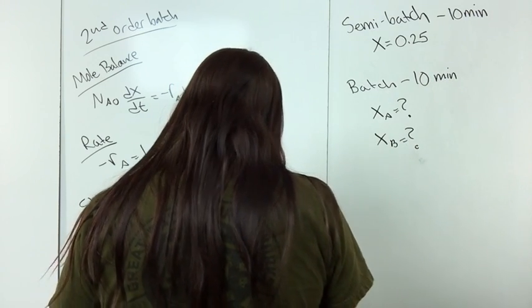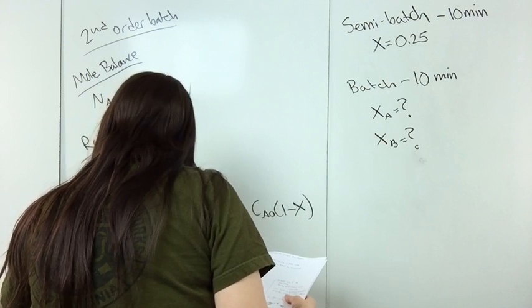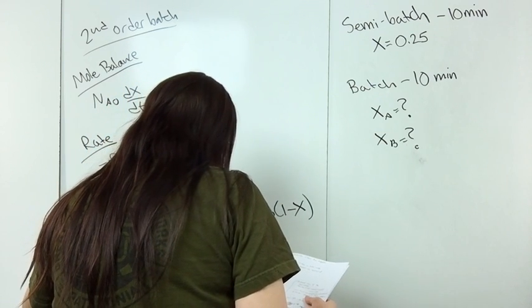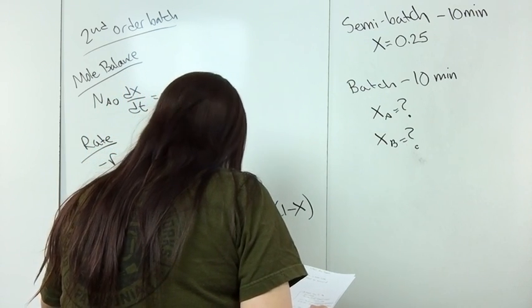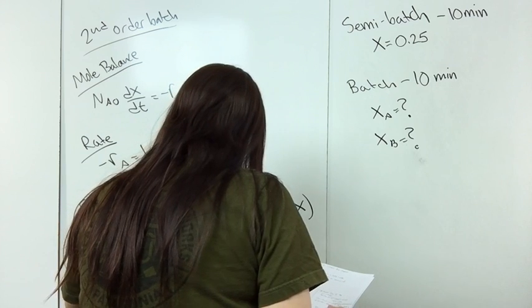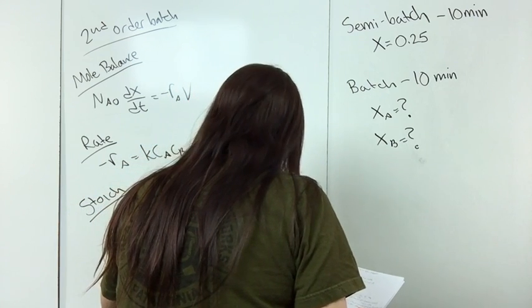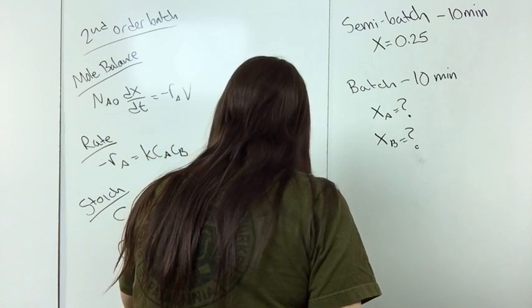So then C_B is equal to C_A0 (theta_B minus B over A X).